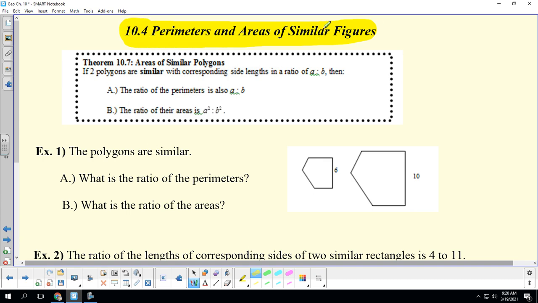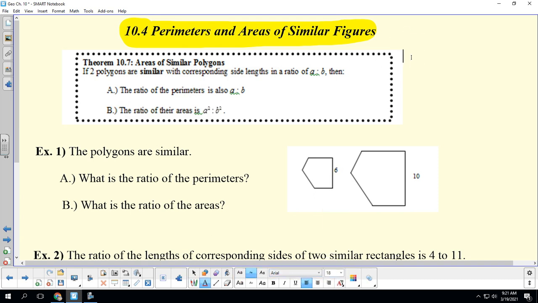So similar figures, just to remind you, are figures that have a scale factor between their sides. They're the same shape, but they're different sizes. There are 3 levels to this.